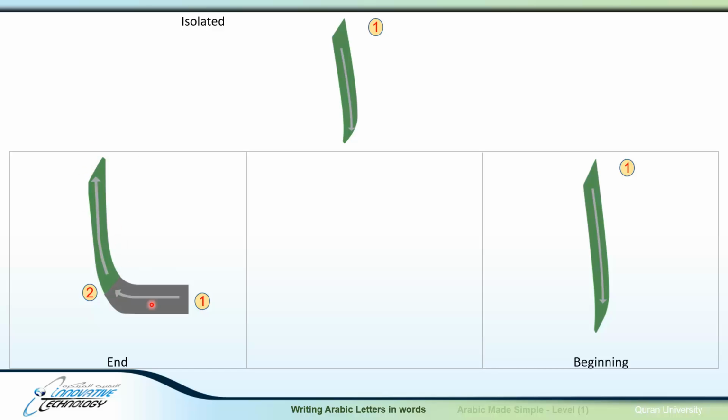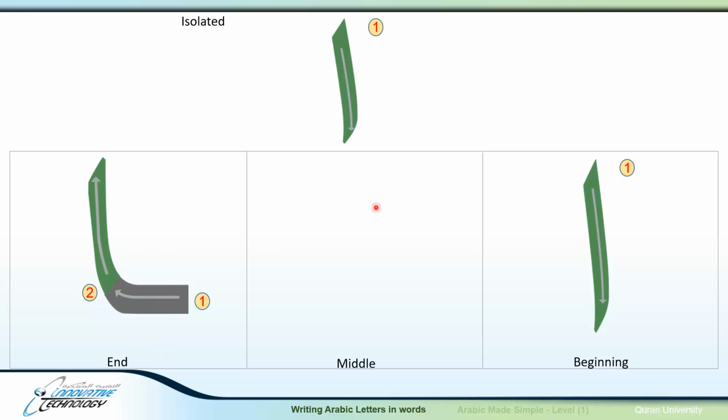So at the beginning, we write it from the top down. At the end, after the dash, we write it from the bottom up. That's the major difference. The look is the same, and the difference is the part before it, which connects to the previous letters of the word.